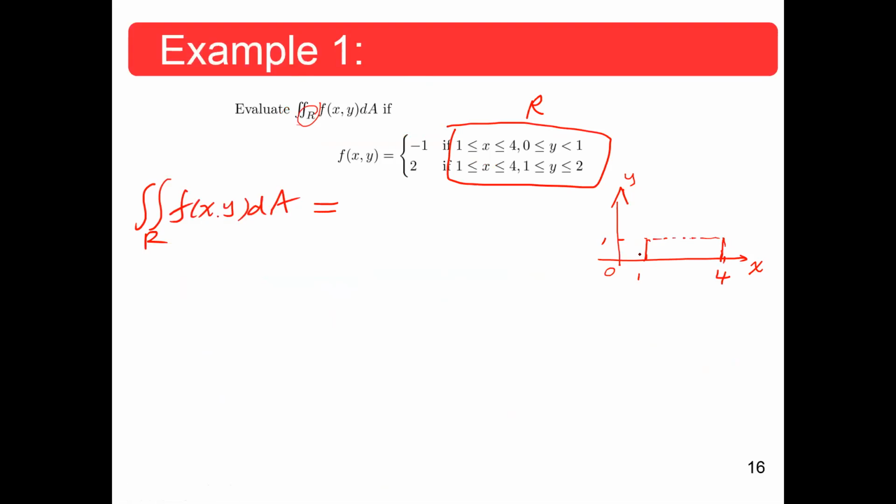This is the first part, when x is between 1 and 4 and y between 0 and 1. Let's call this R1.